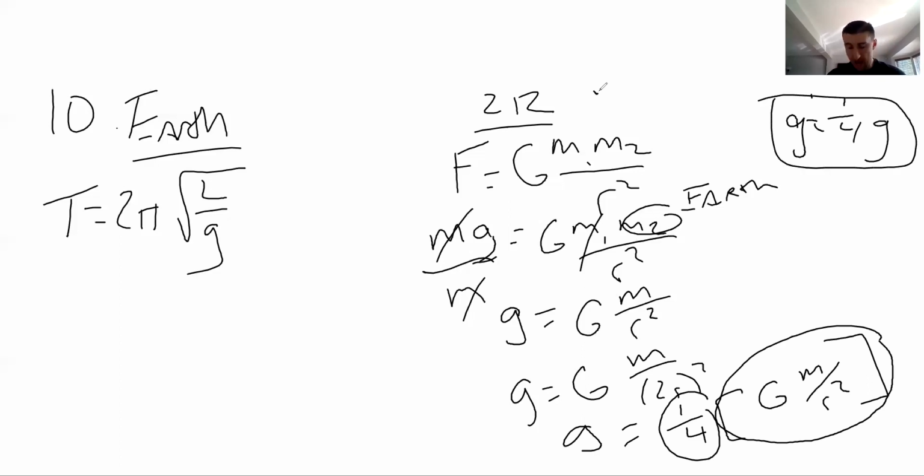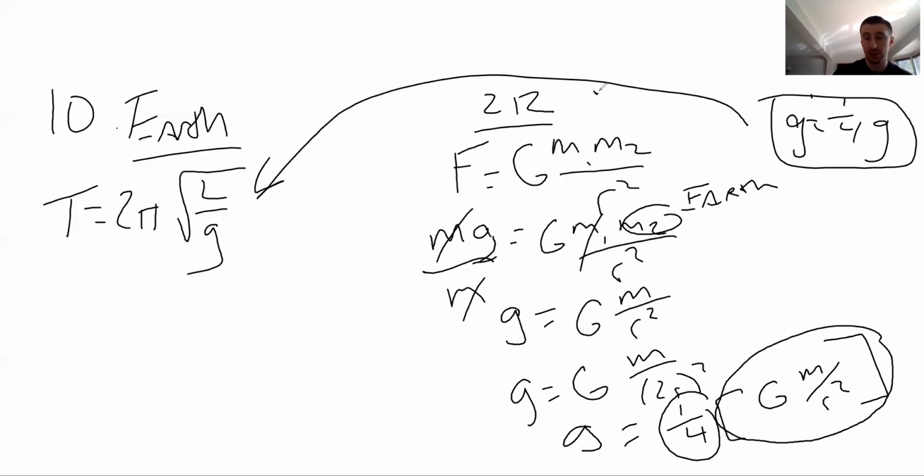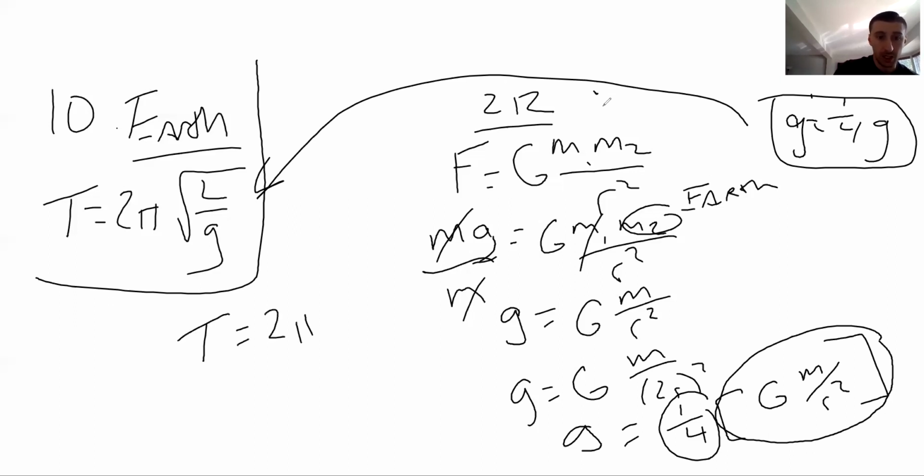All right, now we've got to use that in this equation to compare. So this is separate. Let's separate that. Now this is still 2r over here. T equals 2 pi square root of L over 1/4 g.